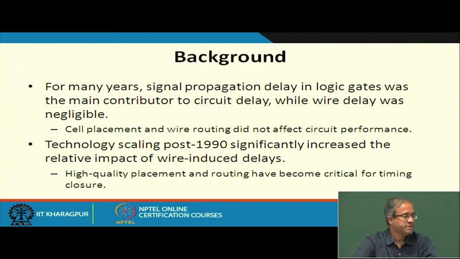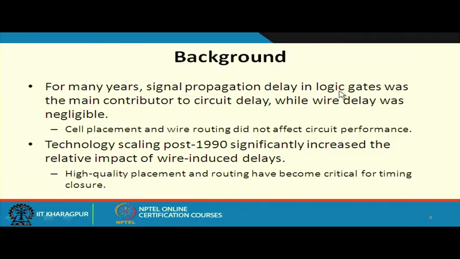Okay. So, what is the main motivation behind this step of timing closure? Because you see, in the earlier days of design, we did not worry about timing that much. We were more concerned about the functional correctness of the circuit, whether the circuit is working correctly or not.